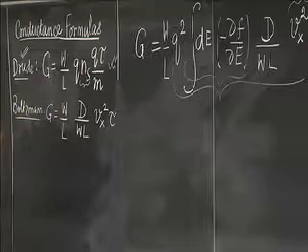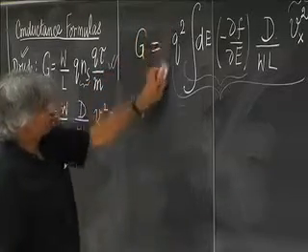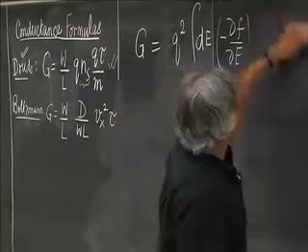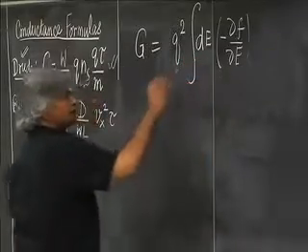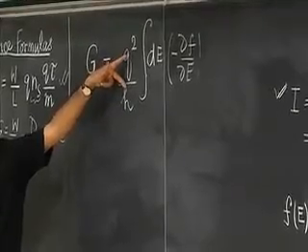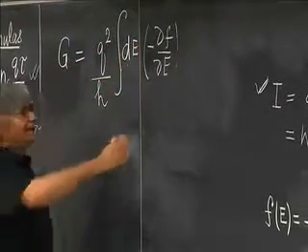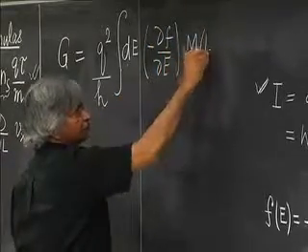Now, another expression that you'll see in the literature often is the following, and that's this Landauer formula. And that goes like this. It says Q square over H, that's the quantum of conductance, times integral dE minus del F del E. And then there is a quantity that people call the number of modes per unit energy.